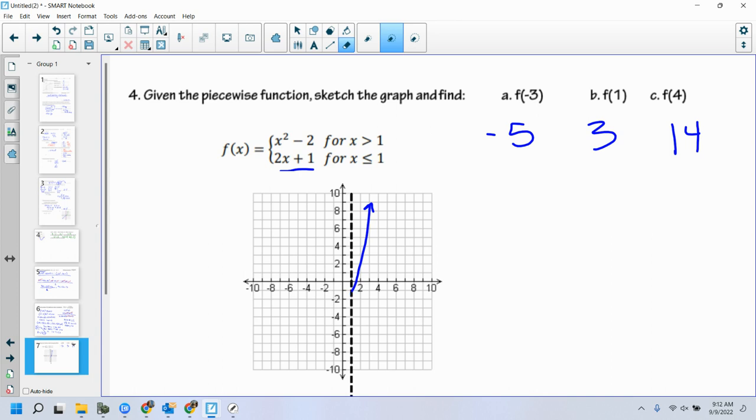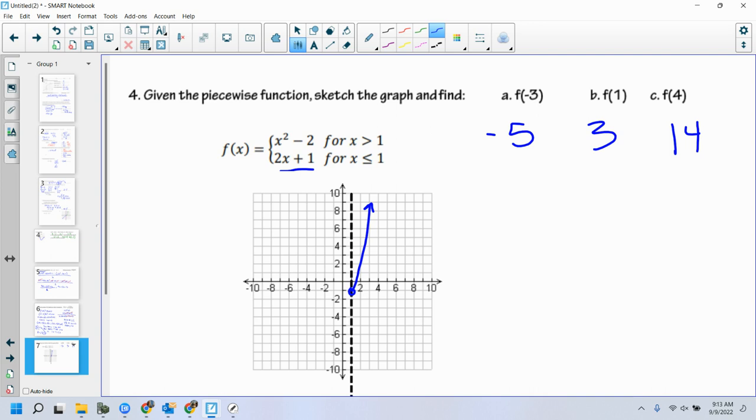So there. Now, should that be an open circle or closed circle? That one should be open because that does not have the or equal to. Please make it a clear open. I had to really examine your graphs on the take-home quiz to see if it was open or not. Please make it a clear open. Mine looks a little weird, but I think it's because that black line's there.